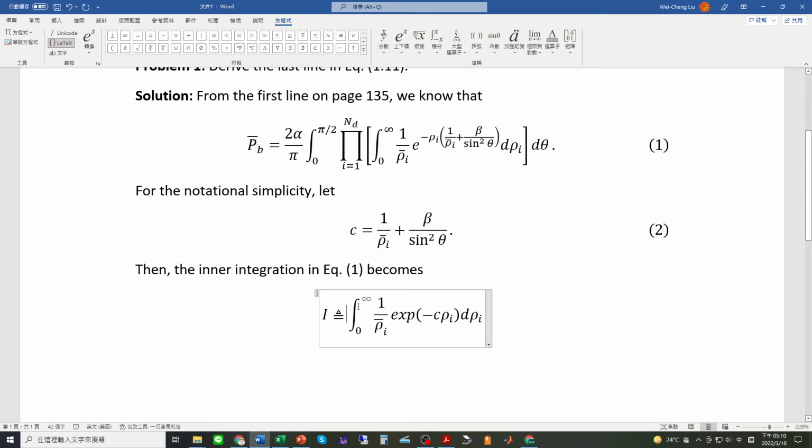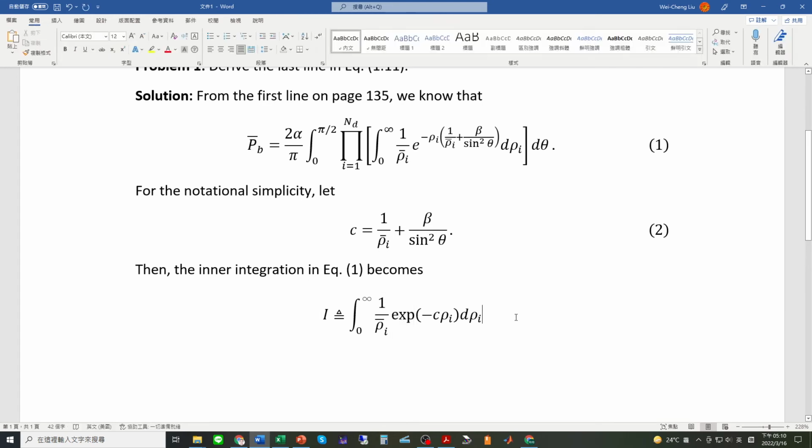So it is equal to the integration from 0 to infinity, 1 over rho bar I and exponential of minus C rho I d rho I.